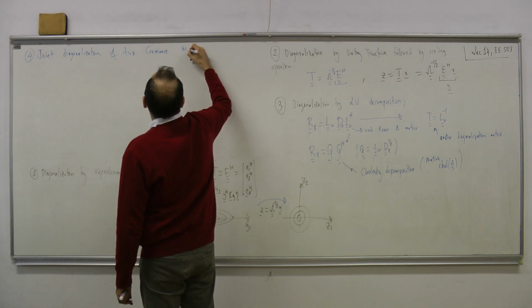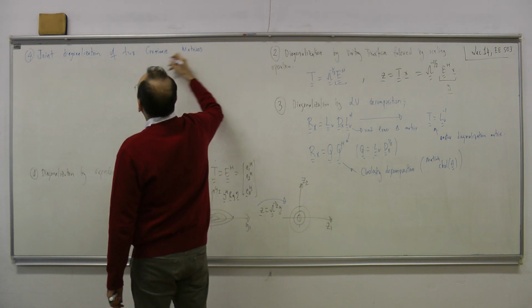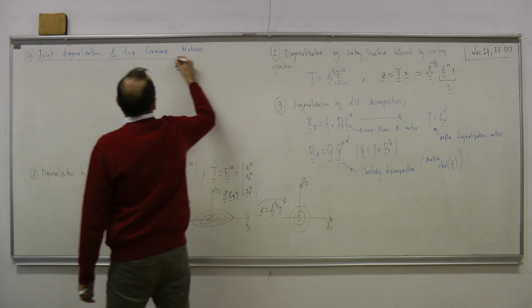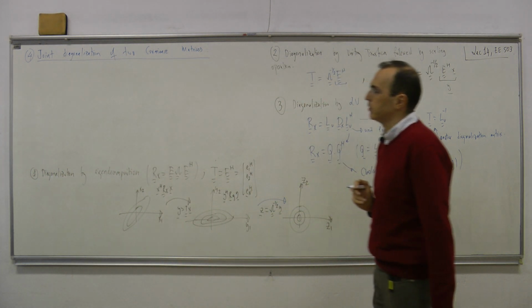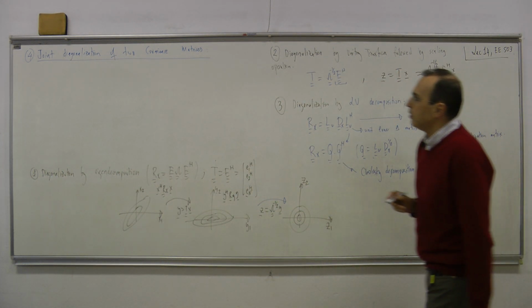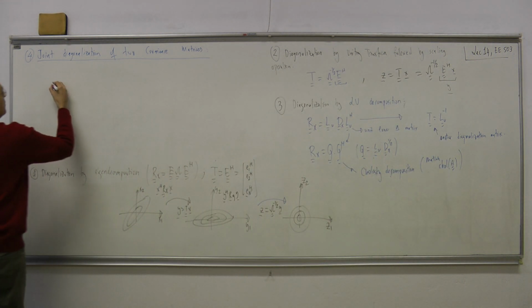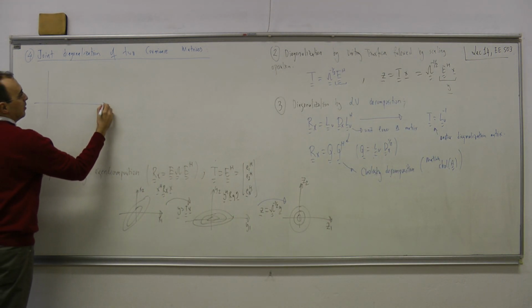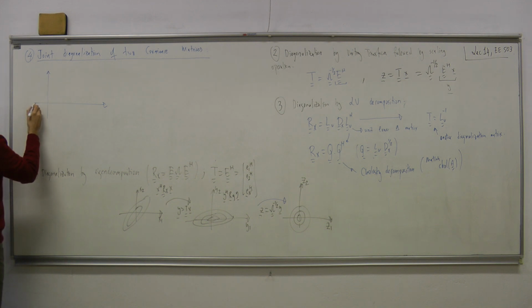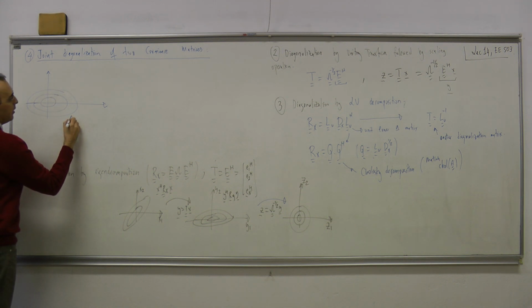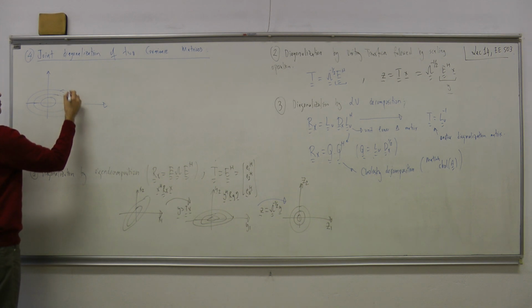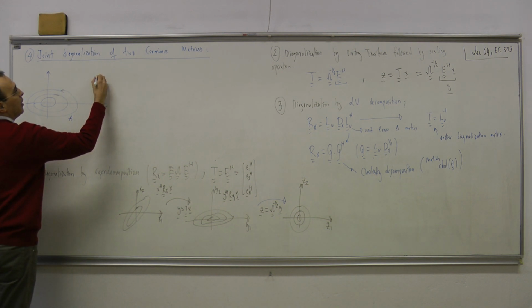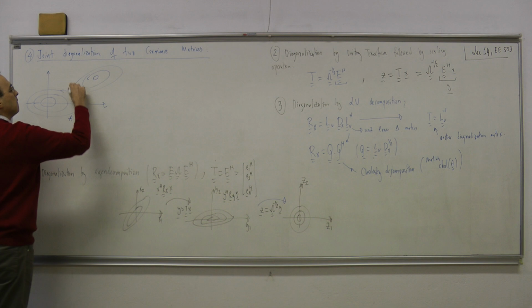So what's going on? Now I don't have a single covariance matrix, but I have two covariance matrices. Now let me sketch the situation. Let's say that I have something like this. Let's say this is A, covariance matrix number 1, and I have another one over here.